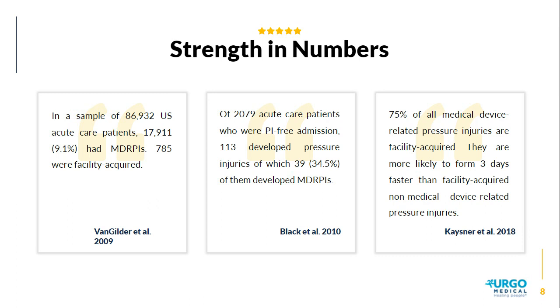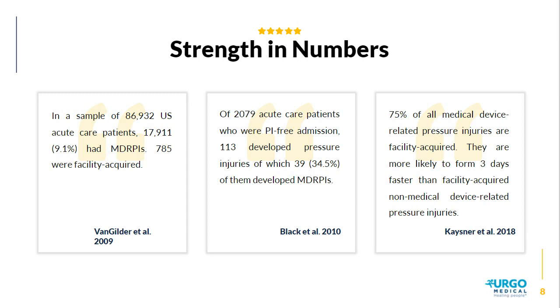2009. In 2010, Dr. Black and her colleagues studied 2,079 acute care patients at the University of Nebraska Medical Center who were free of pressure injuries on admission. 113 of them developed pressure injuries, and 34.5% of those developed pressure injuries related to medical devices.